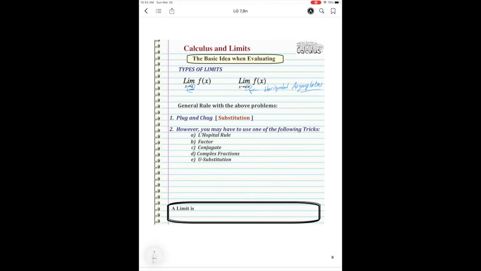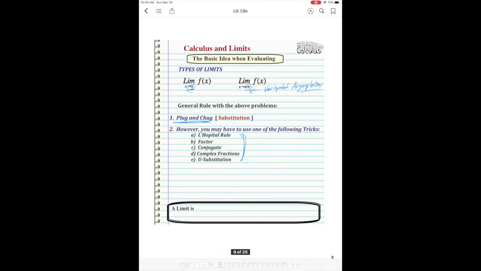Well, the general rule when you're evaluating these guys is I call it the plug and chug substitution. Sometimes you can't do it, so then there's a set of rules that we can do. Some little tricks: L'Hopital, factoring, conjugate, complex fractions, and use substitution.